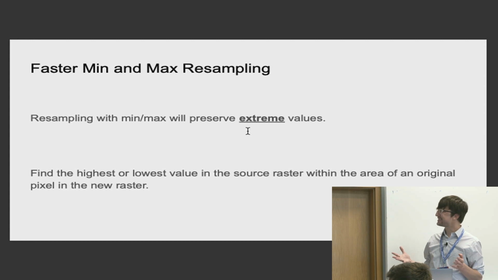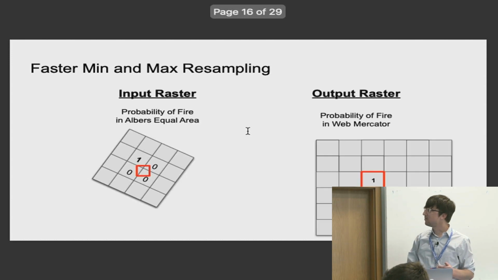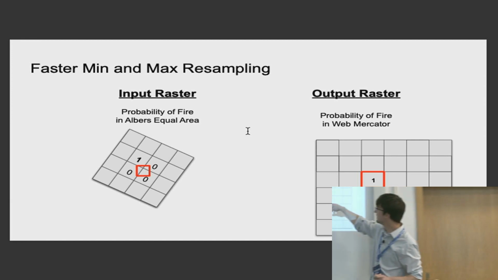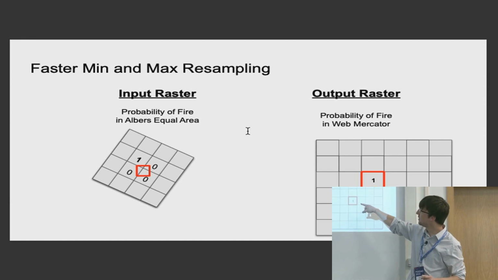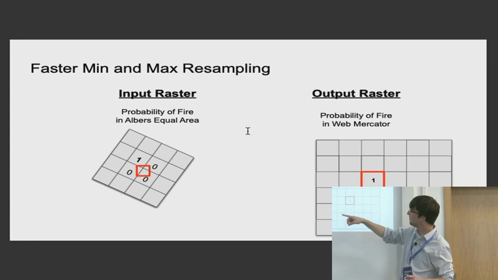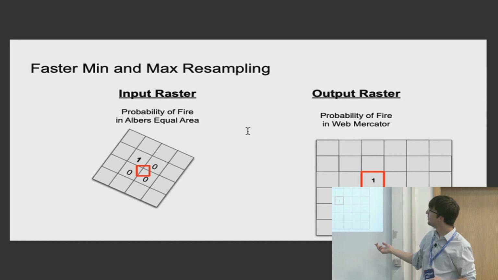Resampling min and max, that's extreme values, your highest and your lowest values. If we are resampling, we have to make a choice. So we have this pixel in this output raster, but it overlaps 4 other pixels in the input raster. So we have to make a choice. Is it going to be, in this case, a 1 or a 0?